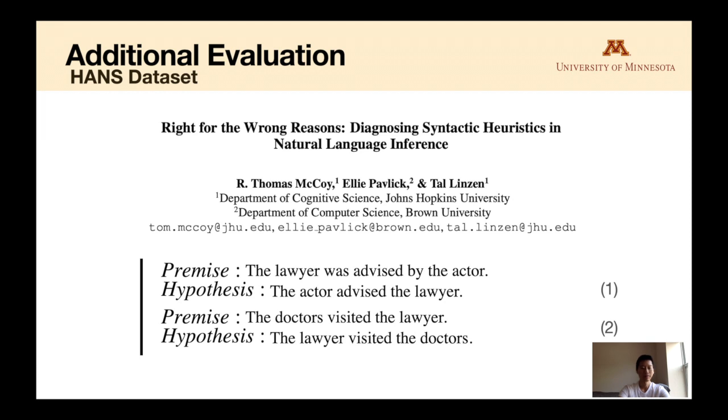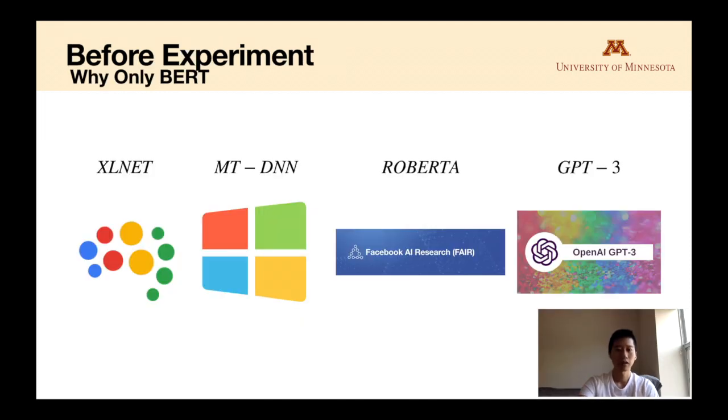paper. Before the experiment, I want to talk about some reviews of our paper. Some reviewers suggested we compare our models with other models like XLNet, MT-DNN, RoBERTa, or even GPT-2. Well, the truth is that we released our model in summer 2019, and by that time, these models were still not published.